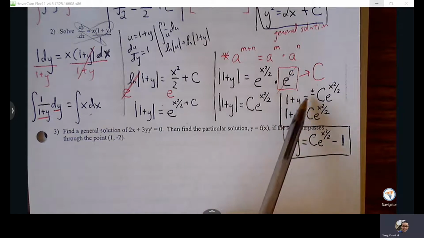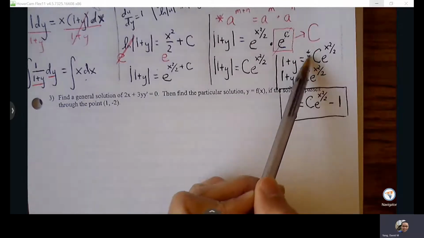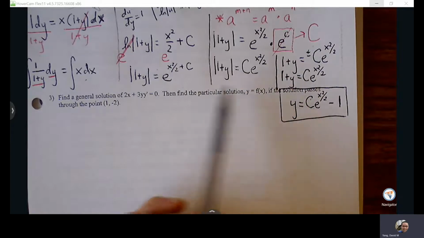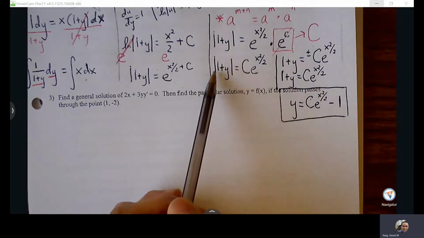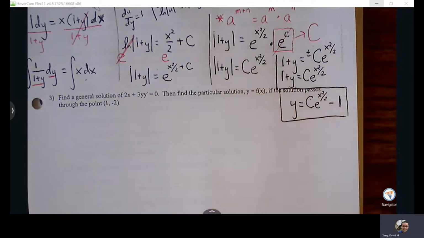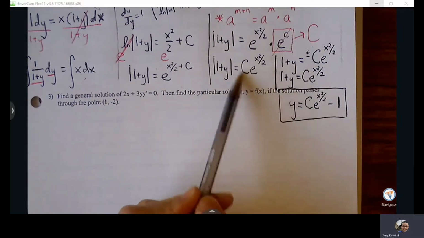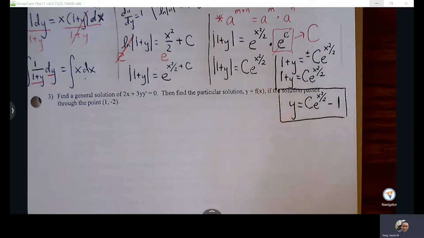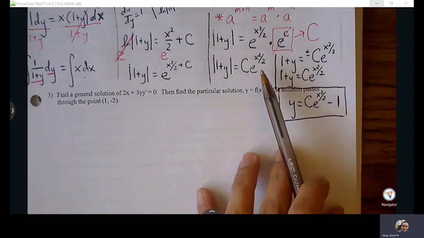That's right. And then the plus or minus will just get absorbed into C. So if you jump from this step to this step, I'm okay. I just wanted you to be convinced that the absolute value is taken care of. Even though we drop it, it is being balanced out with that C. That C is taking that balancing act from the left side.